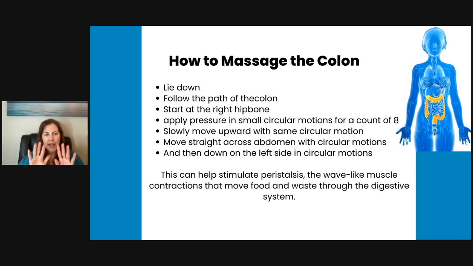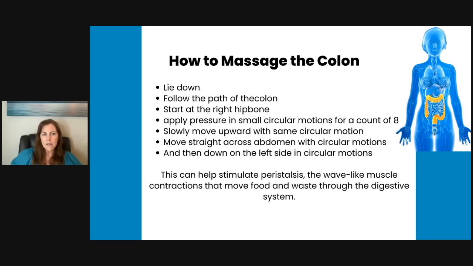So if you take your hands, your fingertips, and you can either put them on top of each other or you can just use one hand, you're going to make a circular motion, a small circular motion. So if you start at your right hip, you can just move right in from your right hip and you can just make small circles. I often say 8.